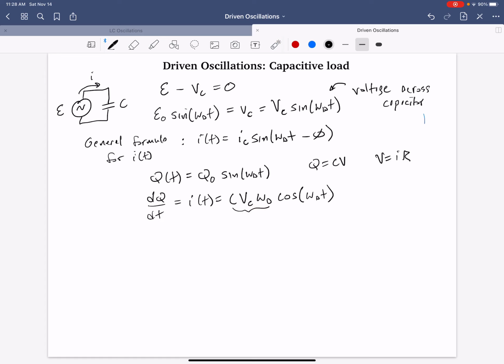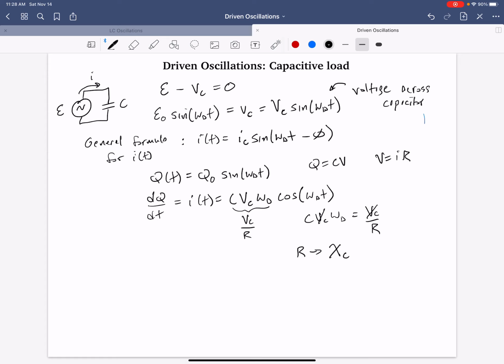So this coefficient has to be in the form of some voltage across the capacitor over some resistance. So the voltage cancels out, and I'm going to solve for the resistance across this capacitor. And actually, in this chapter, we don't have resistance.